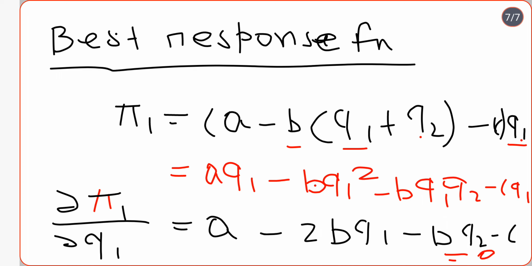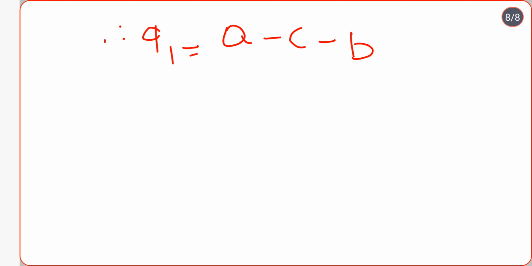So by solving this equation we can get the value of Q1, represented in terms of Q2. If you solve it you can easily find that the value of Q1 will be A minus C minus B Q2 divided by 2B.